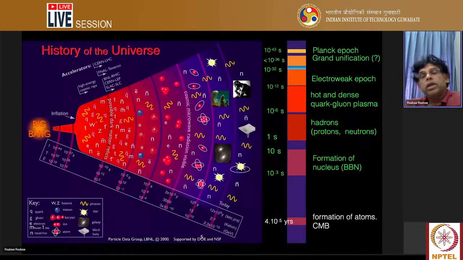And one important and interesting period is when the atoms are formed. Until then, the electrons and protons, or the nuclei, were electrically charged, and they were in a kind of soup. This is the electromagnetic plasma that we have, and photons are highly interacting with this plasma.